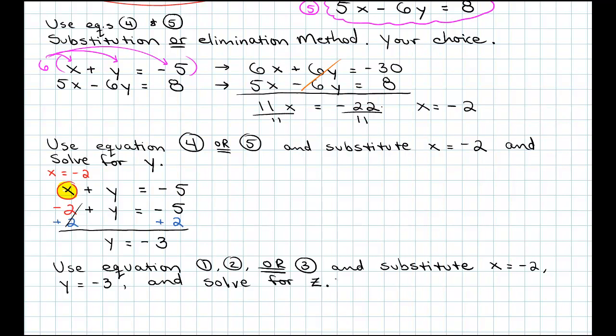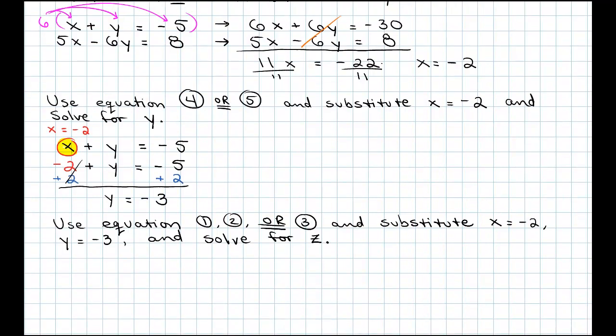It really doesn't matter which one you choose, so I'm just going to randomly choose one. I'm going to choose to work with equation number 2. So if you recall, equation number 2 was x minus 2y plus 2z is equal to 2. I'm going to substitute.